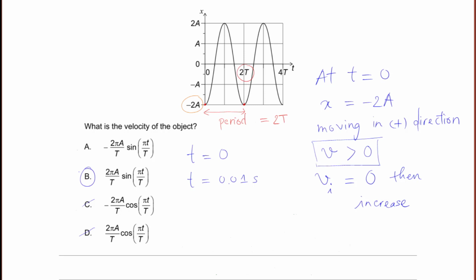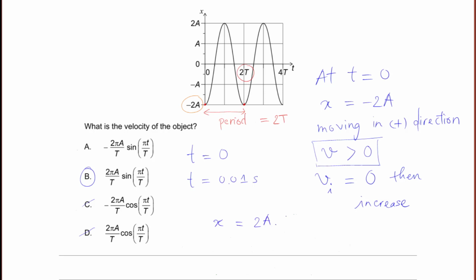But if we want to understand this problem better and recall all the knowledge in the section about simple harmonic motion, let's write the equation to describe the displacement and velocity of this oscillation. Starting with x, the equation for x is x equals the amplitude, which is 2a, multiplied by sine or cosine.